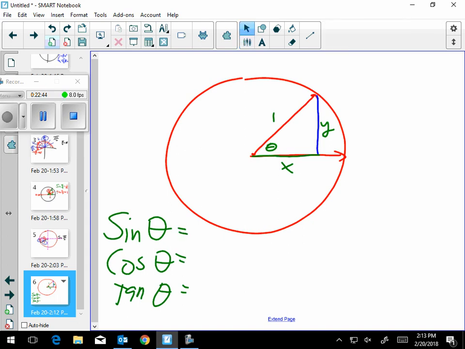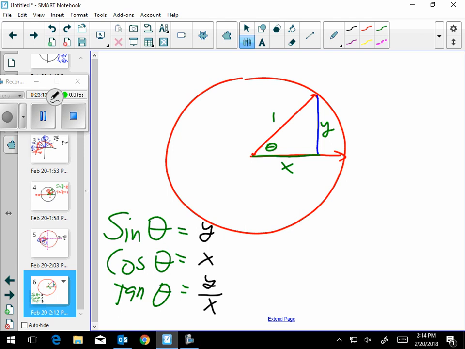I'm going to pause for a minute and let you marinate on that for a little bit. Okay, so sine, well, it's opposite over hypotenuse. Which one's the opposite? Y over hypotenuse, which is 1, so it's y over 1, but can't I just say it's y? Because y over 1 is just y. And then what's cosine? And what's tangent? Do you get why I'm going to say then that tangent is really sine over cosine?